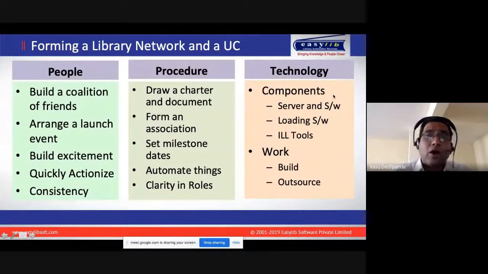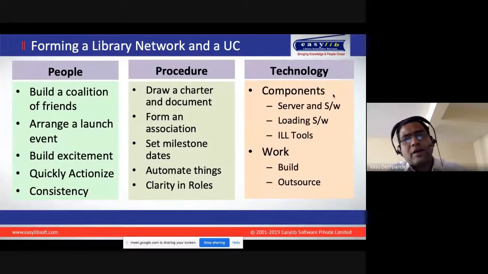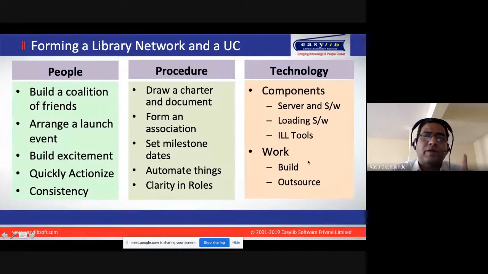Now again, how do you want to actionize it? There are 2 parts. One, you yourself build the whole thing. You get a server, have somebody deploy the software, work with the people, deploy the software at their place, everything you do. So that is one portion. Second one is you outsource it.